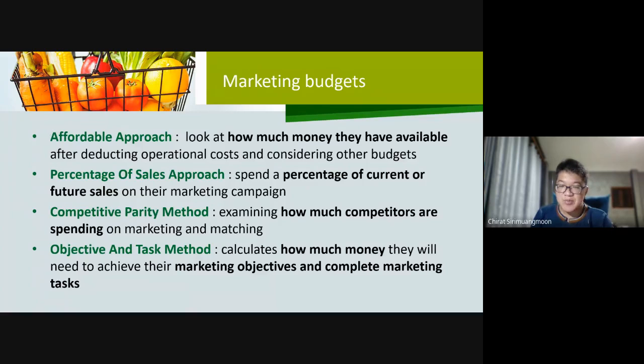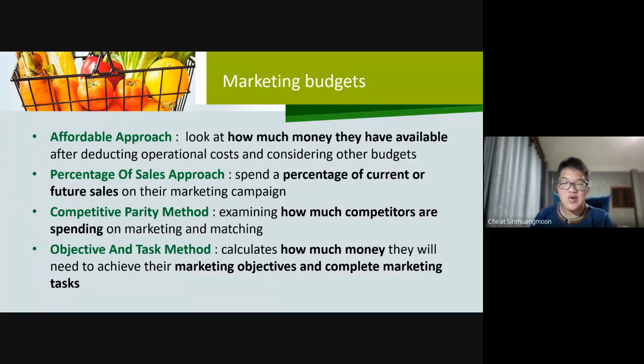The percentage of sales approach is where you set the percentage in advance. Like, I'm going to spend 10% of the total cost as the marketing budget. So this is the percentage of sales approach. Or you set the percentage in terms of the sales in the future.